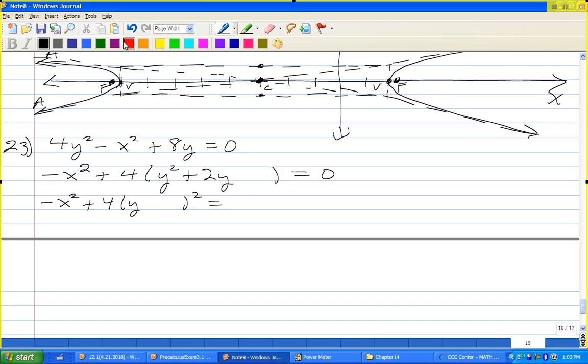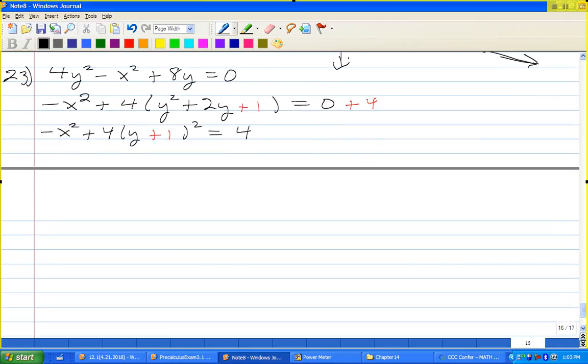Two divided by 2 is 1. 1 squared is 1. Times 4 is 4. Divide both sides of the equation by 4. So the center in this case is 0, negative 1.